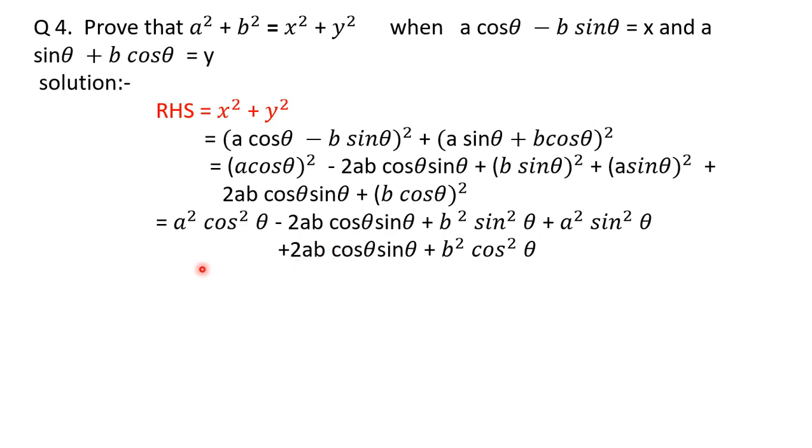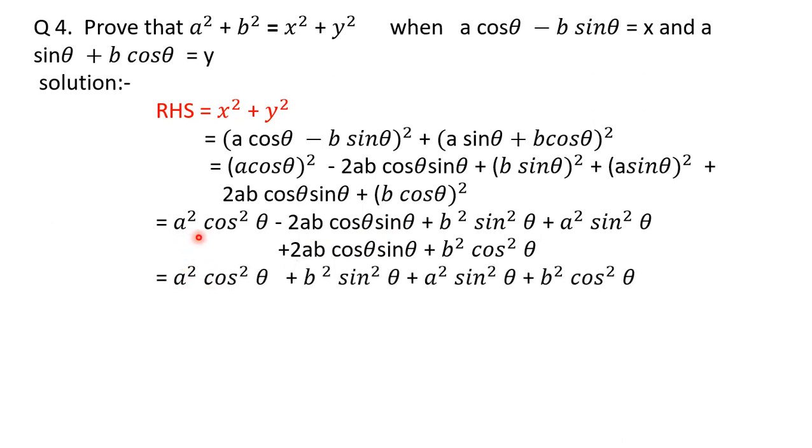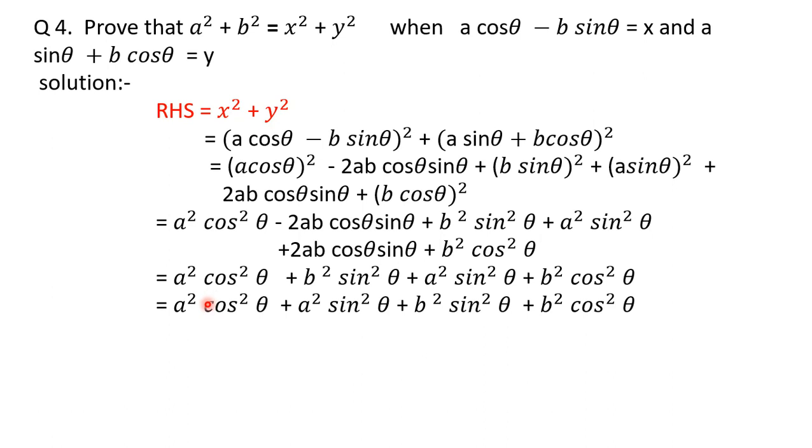After cancellation, the next step is a square cos square theta plus b square sin square theta plus a square sin square theta plus b square cos square theta. Now by taking the same variables, we arrange the a square terms, so it will become a square cos square theta plus a square sin square theta. These two terms are like terms.